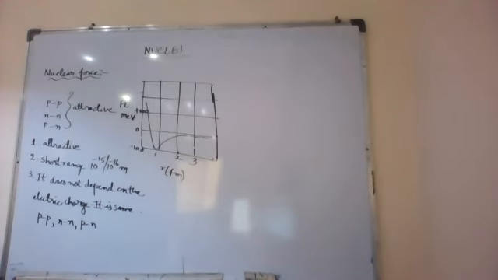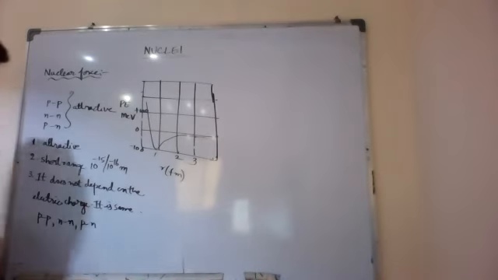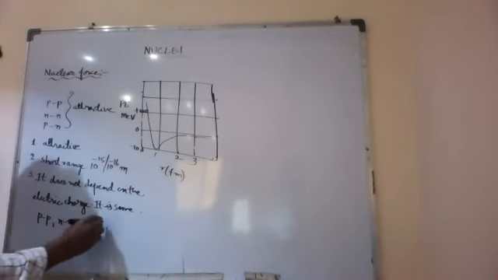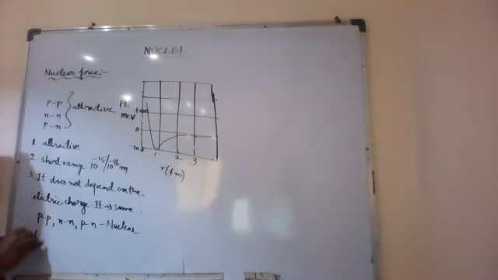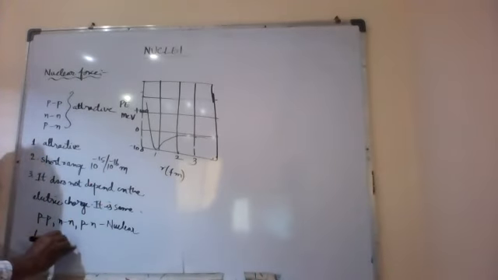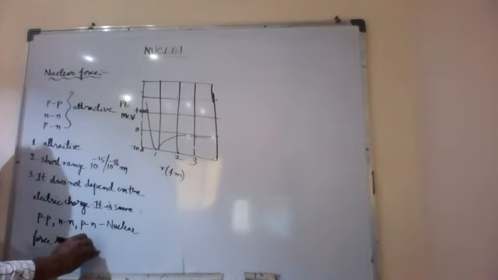Understood? So nuclear force is attractive, short range, and it does not depend on the electric charge. It is approximately the same between proton-neutron, proton-proton and neutron-neutron. The nuclear force remains the same.